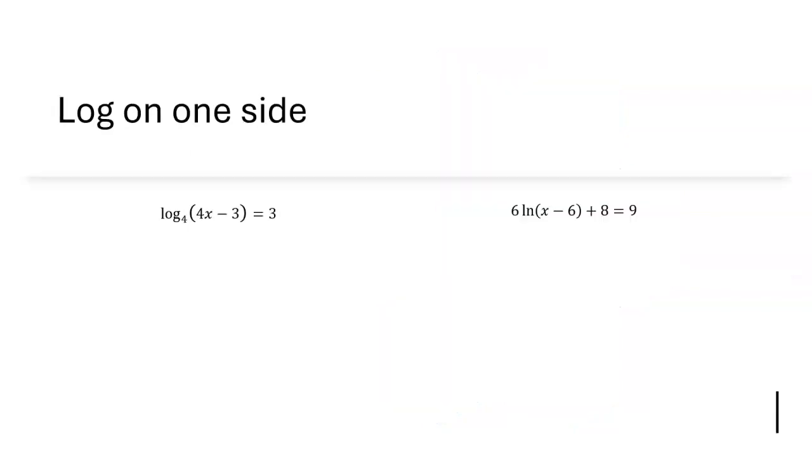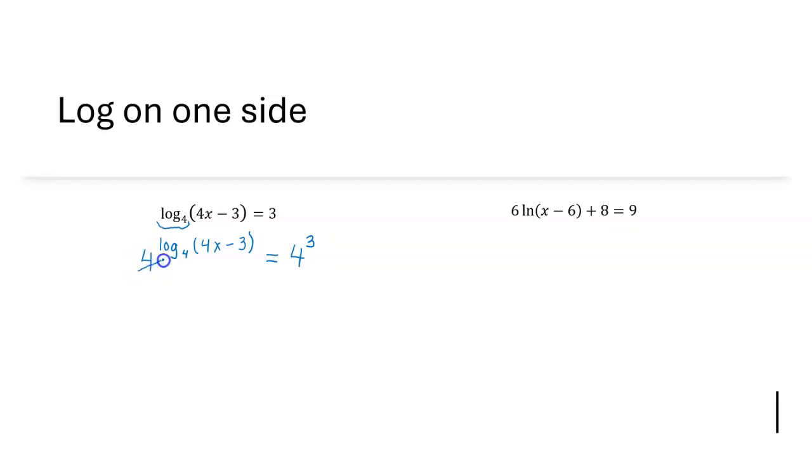So if I have log on one side of the equation, I'm going to do the opposite of a log. The opposite of the log is an exponent. So same base, I'm going to do 4 to the log base 4 of 4x minus 3. I'm allowed to do that if I also do it to the other side of the equation.